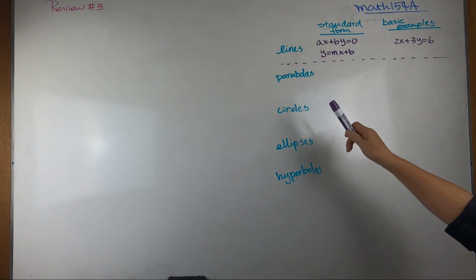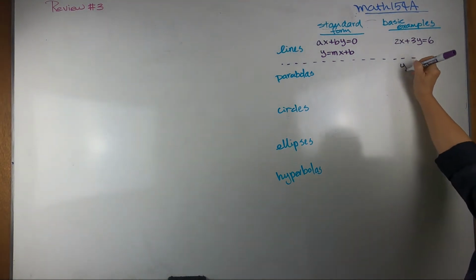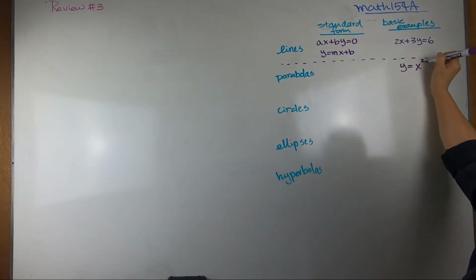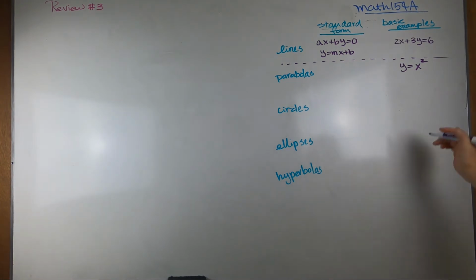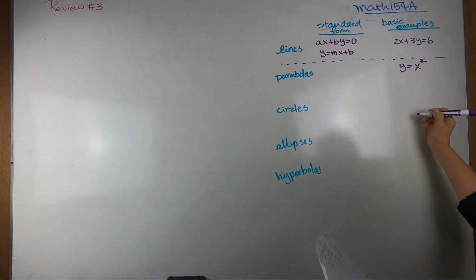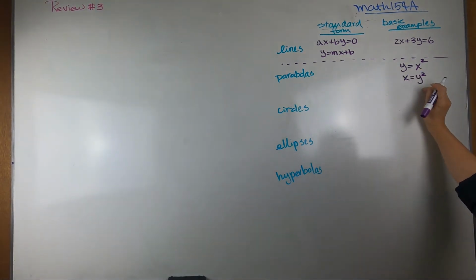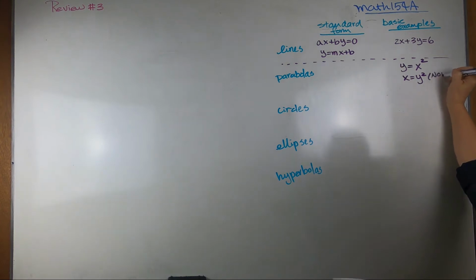Then parabolas means what? It curves, right? So we have what? If it curves on the x, then y equals x squared. Or we say x equals y squared, this is a sideways parabola, this one is not a function, right?